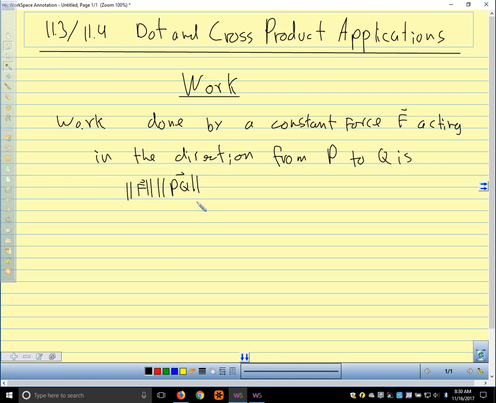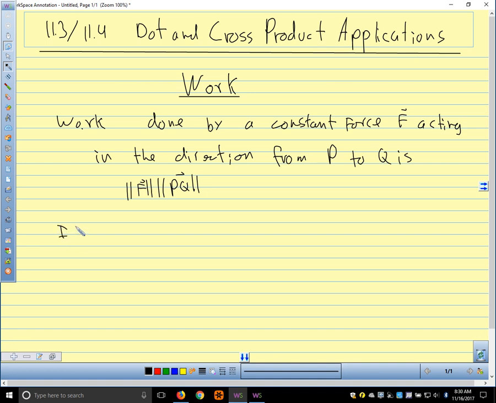And when we did our pumping problems and our lifting problems, usually the force that we were talking about was either gravity or the force that the pump is applying to the liquid, that kind of thing. But it was always in the direction that we were moving it.